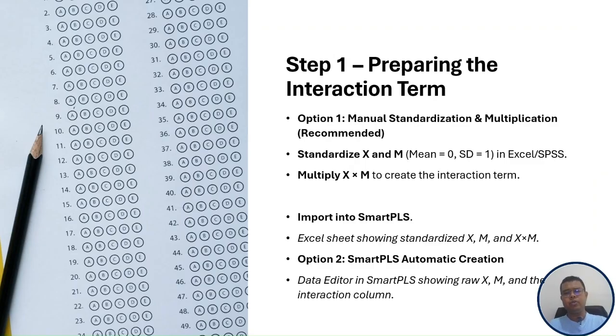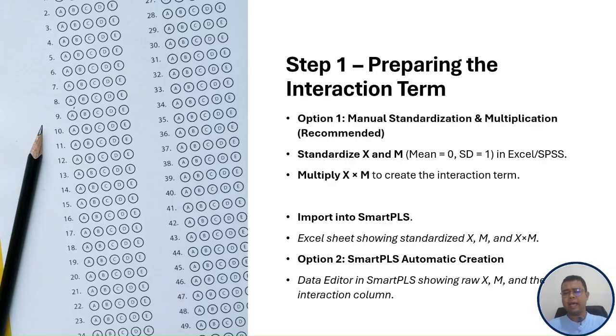So how can we do it? First, preparing the interaction term. Normally we can do it manually. First of all, manually we need to do standardization and multiplication. Standardize X and M, so they are normally distributed with mean equal to 0 and standard deviation equal to 1.